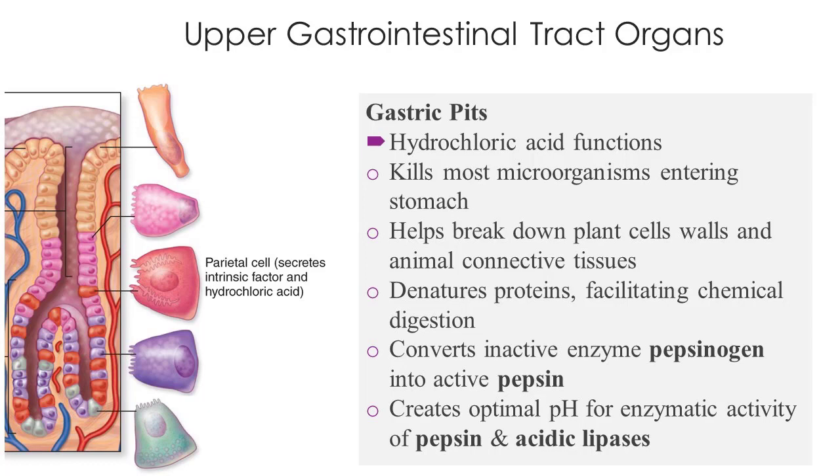And then one of the cool functions of hydrochloric acid, and we've already seen this when we look at the blood clot cascade and we look at complement proteins in the immune system. What happens when we see "ogen" at the end of a word? It's inactive. We've got to get the "ogen" off to activate this enzyme.